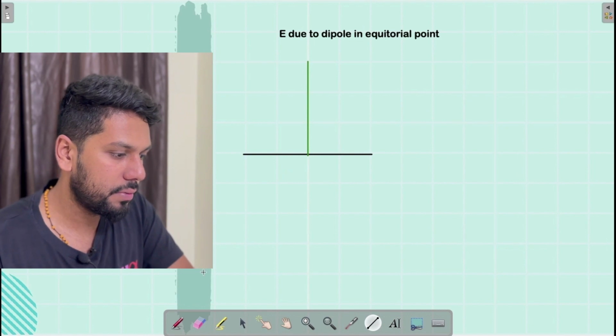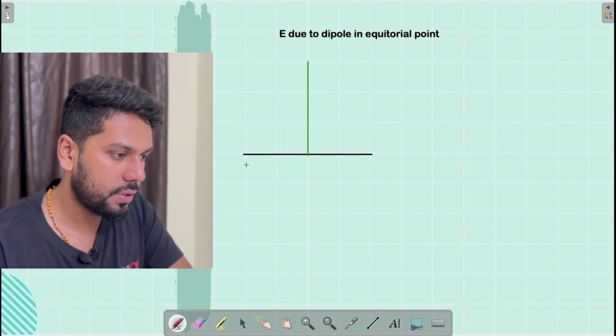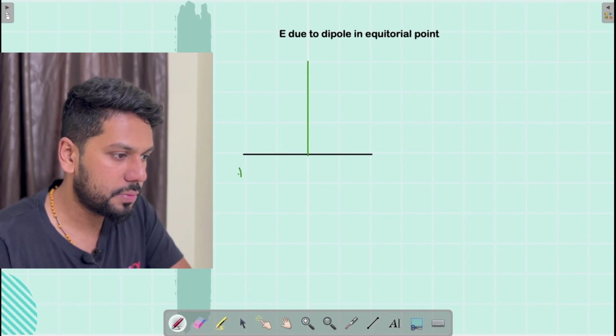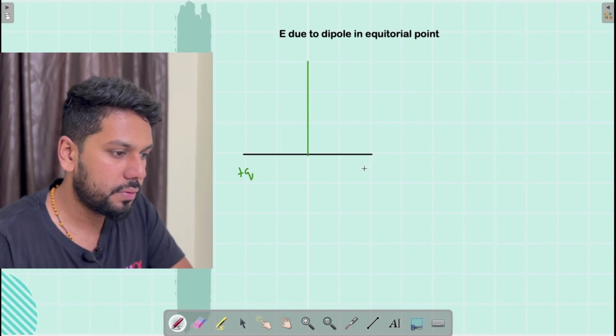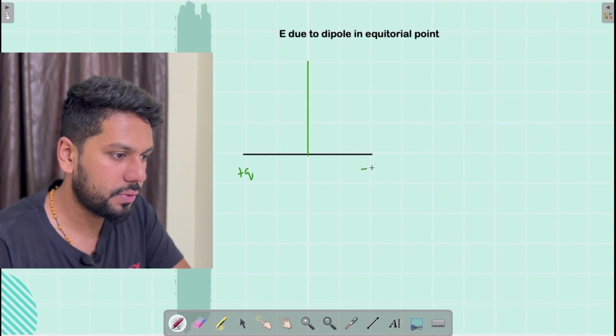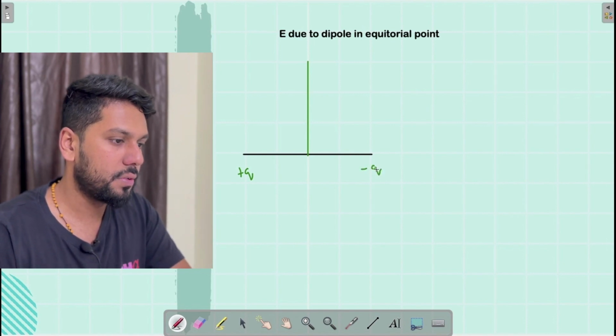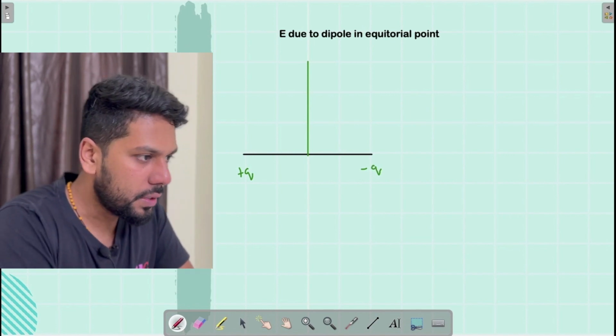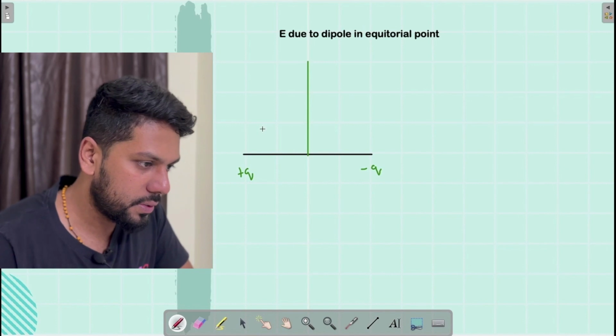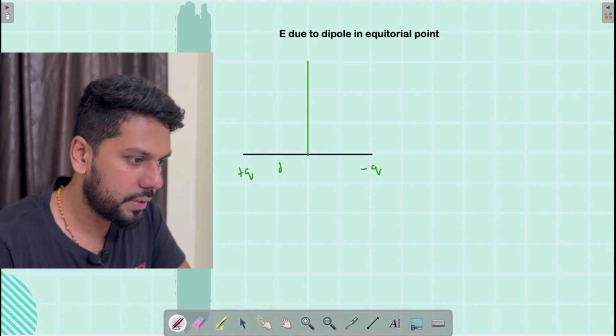Now I will give the names accordingly, students. Look here, I call this positive Q, I call this negative Q. Now you see here, this distance is D, right?